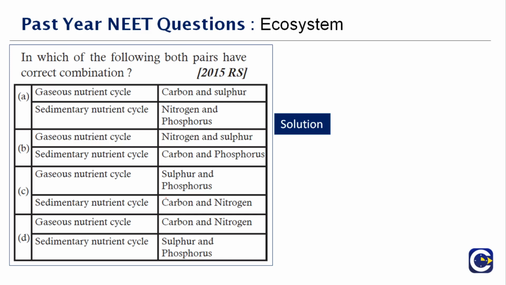Now, what do you mean by this gaseous nutrient cycle? How can we describe it? You have two cycles, right? Gaseous and sedimentary nutrient cycle. Okay, now talking about this nutrient cycle, I said it has carbon and nitrogen. It includes that of nitrogen, oxygen, carbon and water, while sedimentary cycles include those of iron, calcium, phosphorus, sulfur and other more earthbound elements.